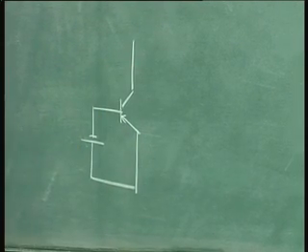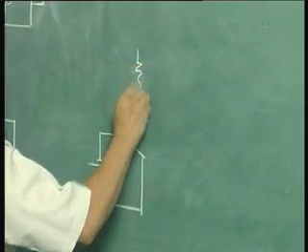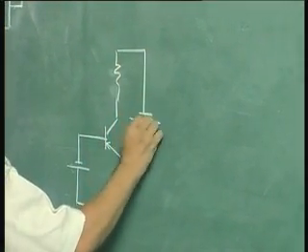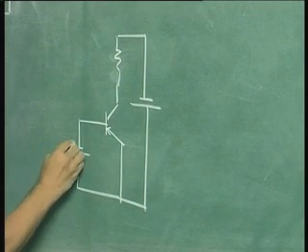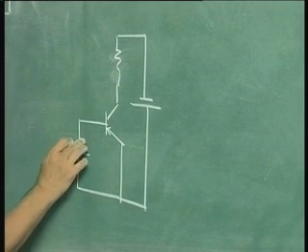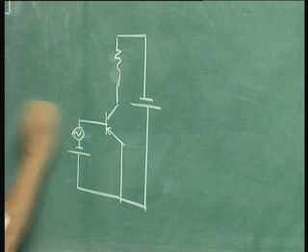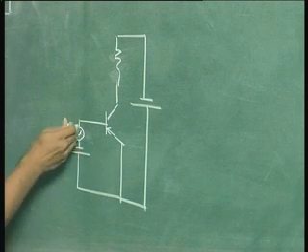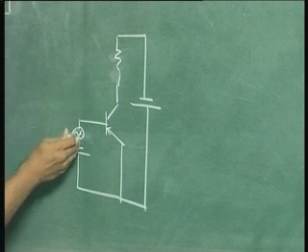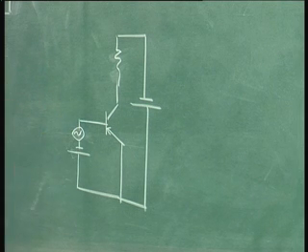Now here you have the resistor, and here you have the power supply. Now you will have to superimpose the AC over this. So this is equivalent to, in equivalent circuit terms, putting an AC source here. But in practice doing this is somewhat difficult, to put a source in series with another source. There is a better arrangement to do this.